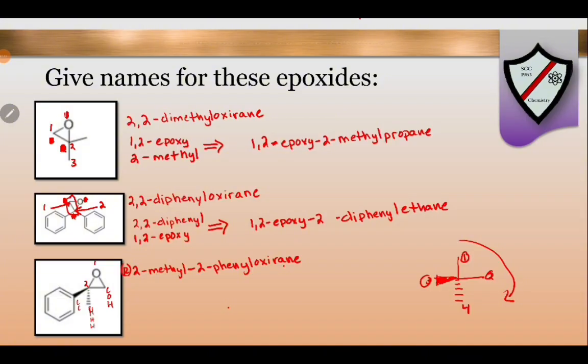And finally, if we're naming this as an alkyl chain, we would probably number this as carbons 1, 2, and 3. So we have a propane chain here with a couple of substituents. It has a 1,2-epoxy, R-1,2-epoxy-2-phenylpropane.